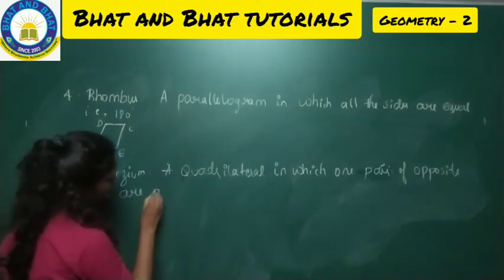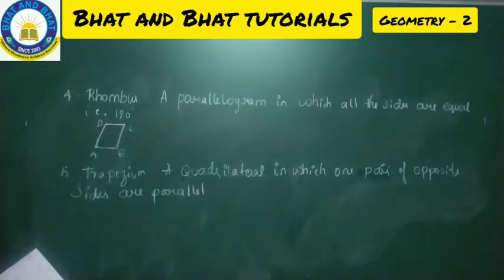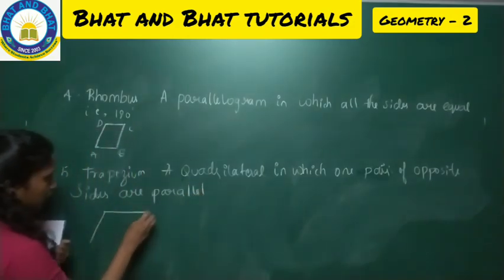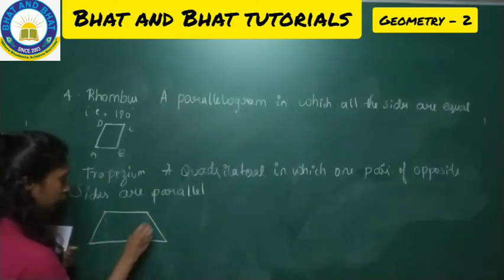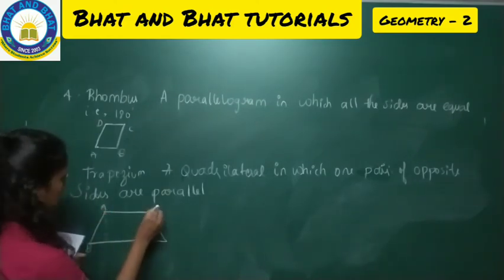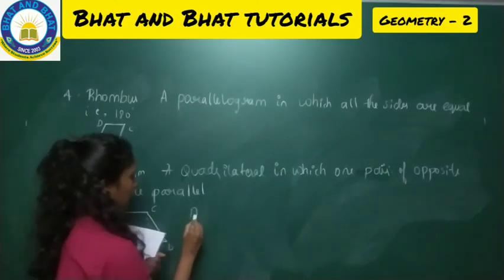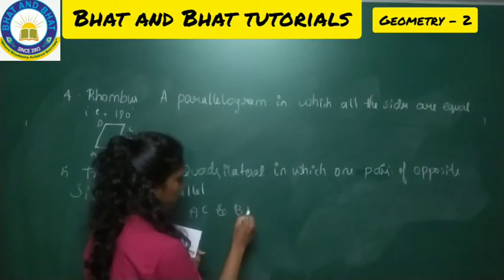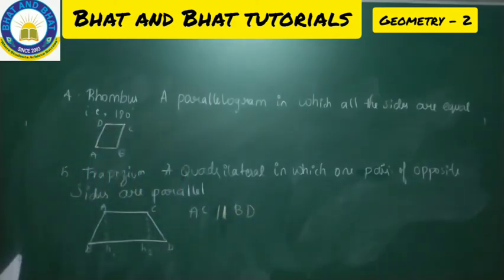So this is about your trapezium. When I draw the trapezium, I draw it like this. Here you just draw one dotted straight line. A, B, C, D, and give the names as H1, H2. Here AC and BD are parallel. This is nothing but parallel. Make a note.